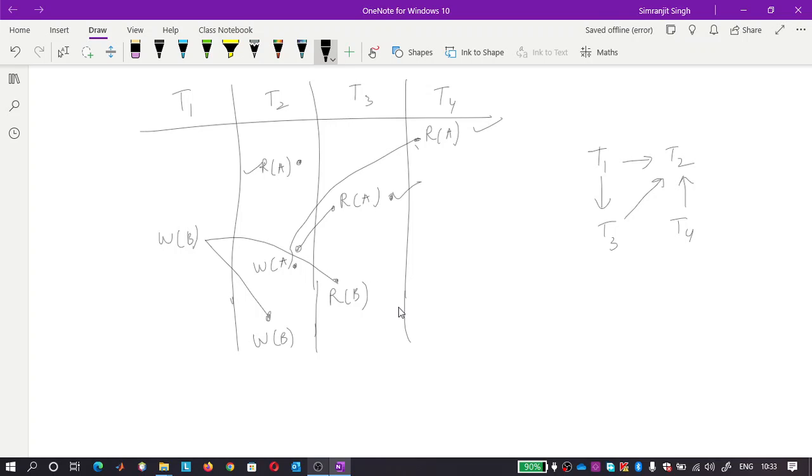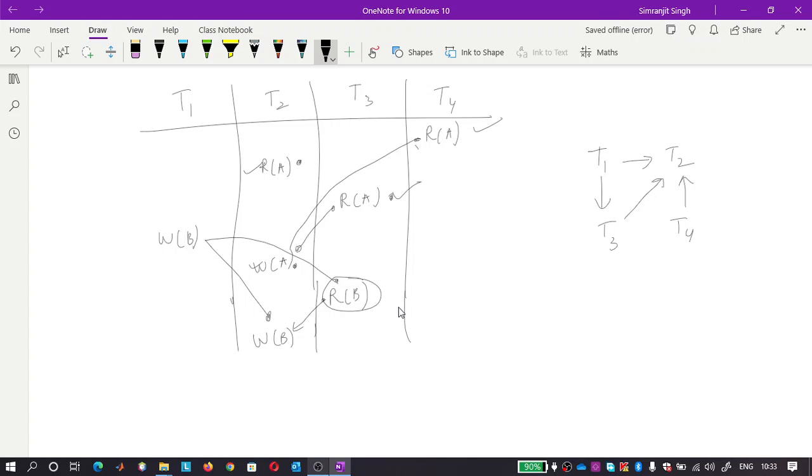I don't think there is any conflict here, because the upper conflicts are already dealt with. WB has no other operation to conflict with. Oh, sorry, from RB you can find that there is a conflict, T3 to T2, which is already written. So I think it's done.